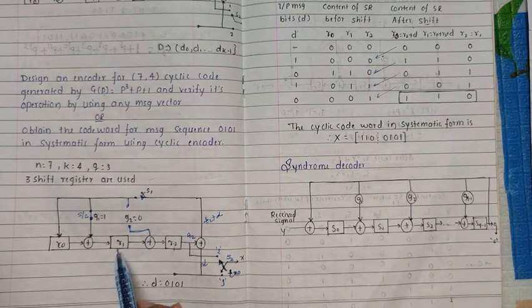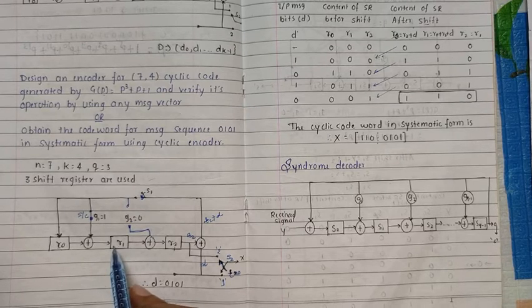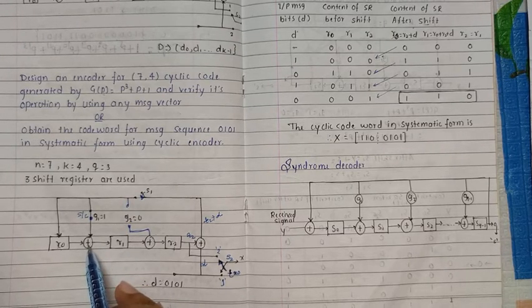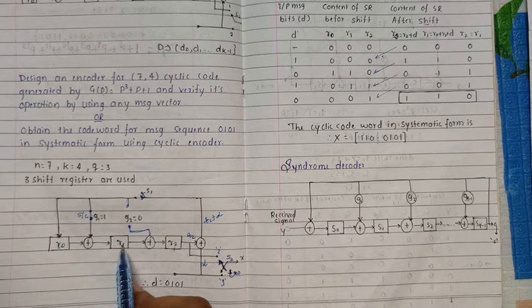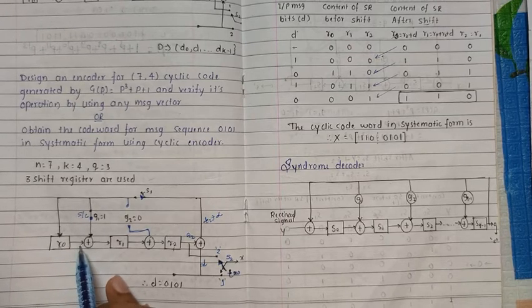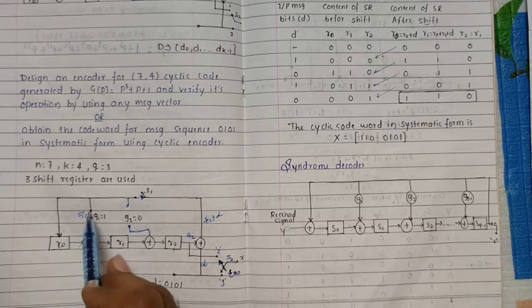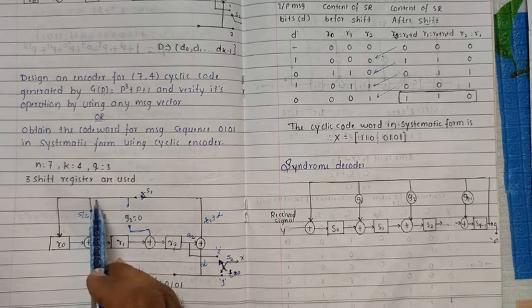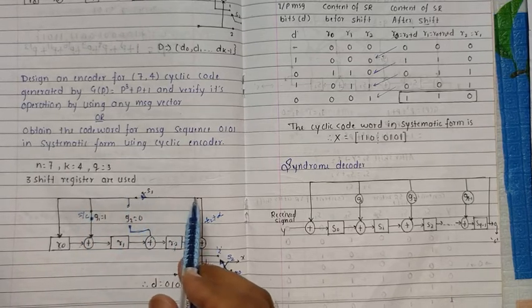Now what will be the value of R1? Once again we take the output coming to this R1, which is the output of this XOR gate. Let us trace the inputs of this XOR gate. The first input is R0, and the other input is from the feedback, which is a short-circuited part, so we have to trace it.